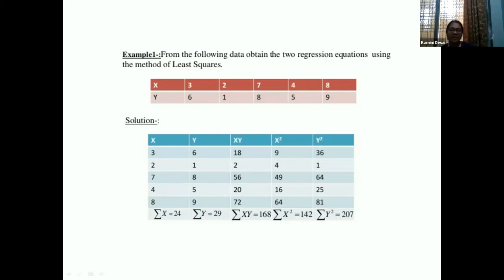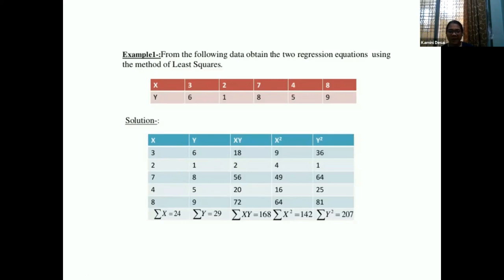Sum of xy means the total of x into y, that is 3 into 6. X square means 3 squared. Y square means 6 squared. So you have calculated that. Don't be afraid of the summation sign. Summation is the sum total.